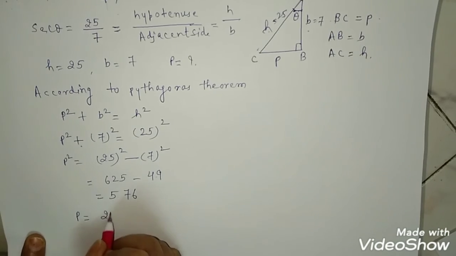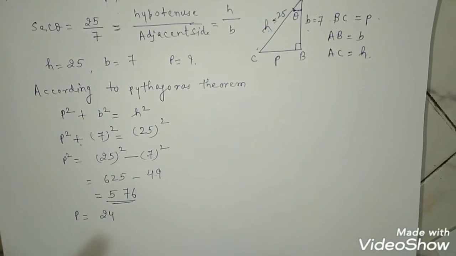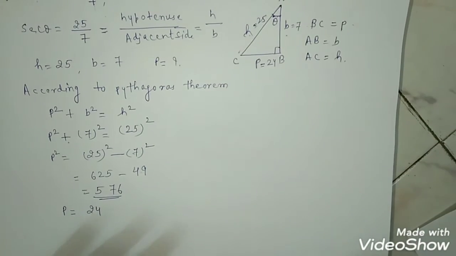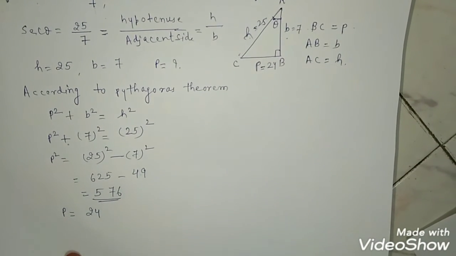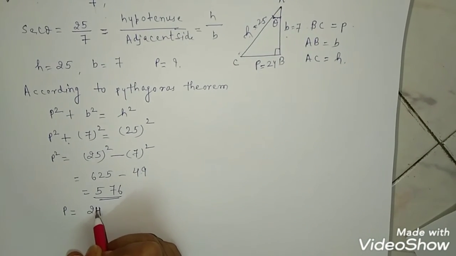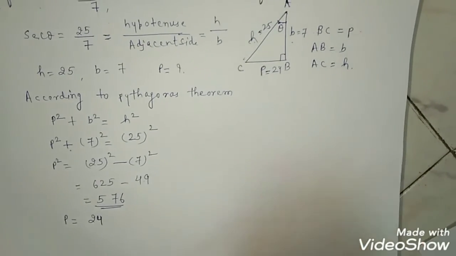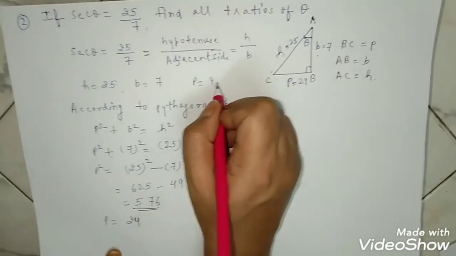So P is 24, because 24 is the square root of 576. I hope being in grade 9 and 10 you all know how to find this square root. If you don't know, you can post in the comment section. I'll help you out. So we got P also now.